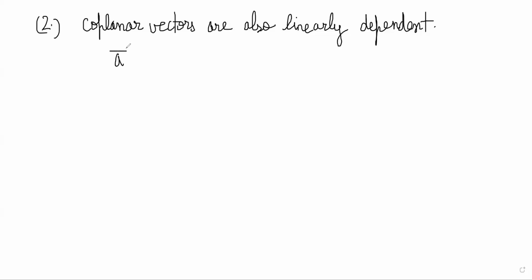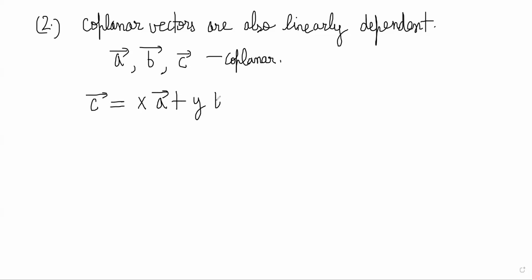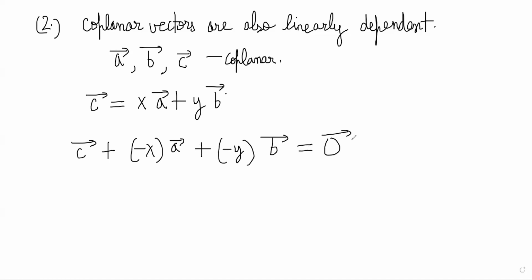So if I have three vectors A, B, C, which are coplanar, I know from the meaning of coplanar, which we discussed in the last video, that any one of them can be written as a linear combination of the other two, right? So therefore, now you can write them as this: minus x times A plus minus y times B is equal to 0 vector.